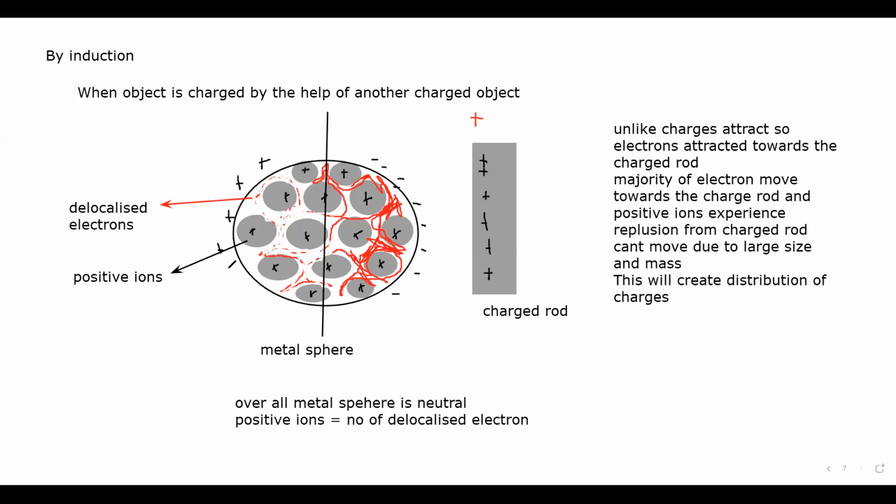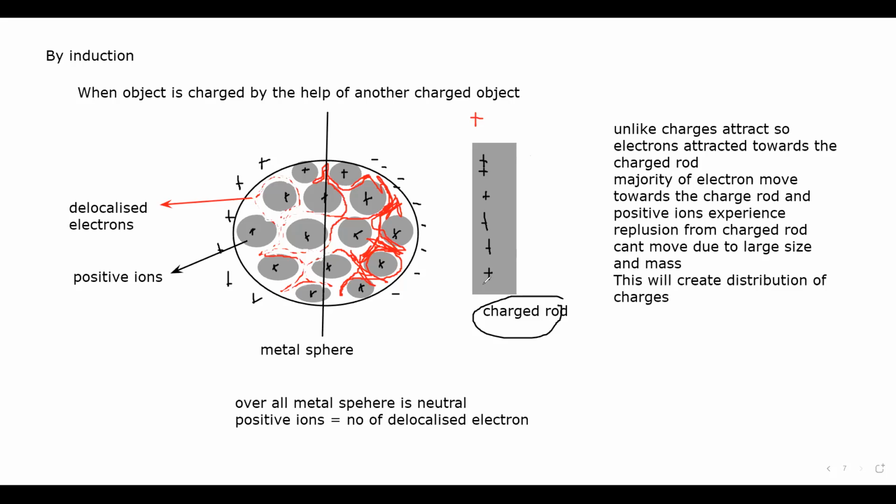When we create a distribution of the charge by the help of another charged object, what do we call this process? We call this process electrostatic induction. It's a method by which we separate the charges, or an object is charged by the help of another charged object. We call that electrostatic induction or charging by induction.